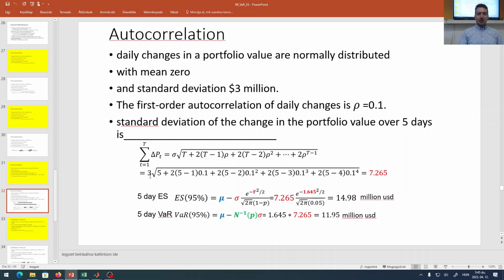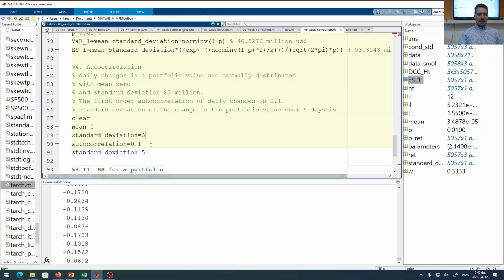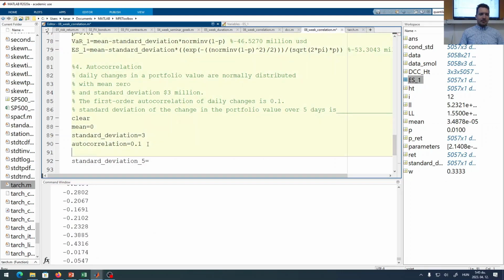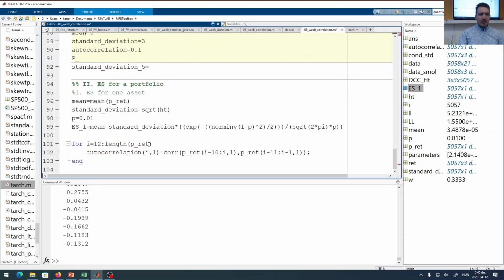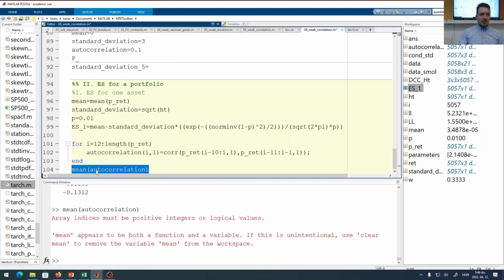At least it's not 20 because that would be long. At least autocorrelation is a number.